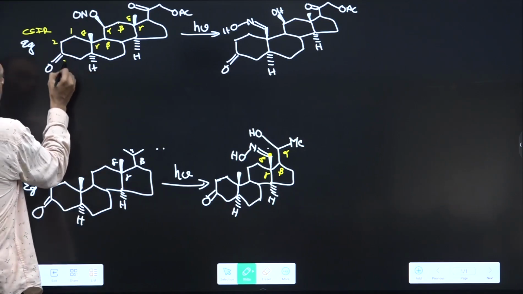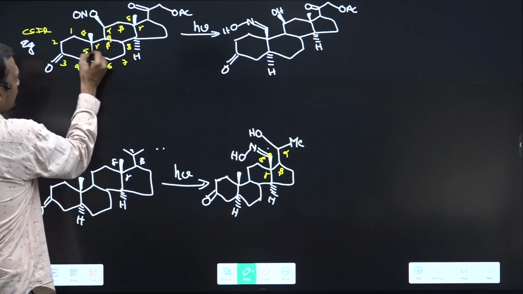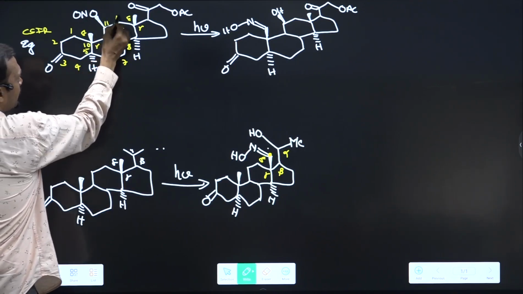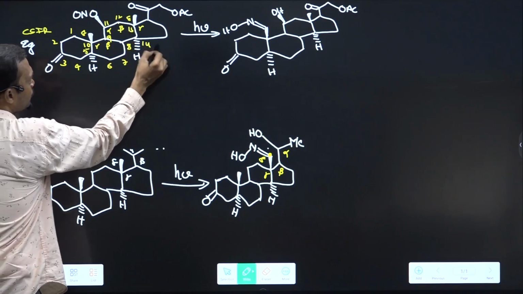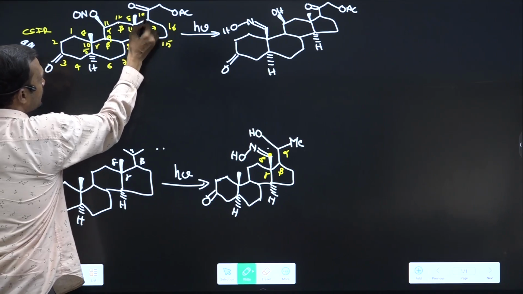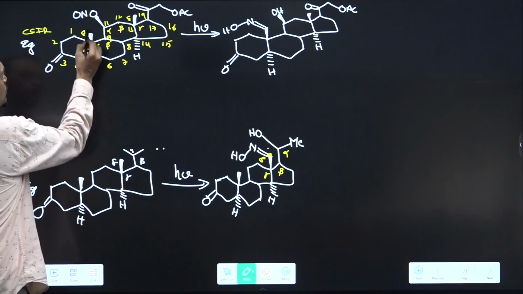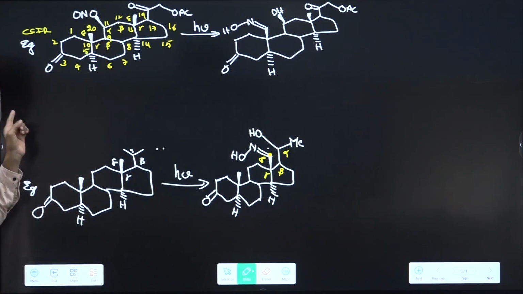See, this is the normal numbering. 7, 8, 9, and this is 10. 11, 12, 13, 14, 15, 16, 17. This is 19, methyl is 19. This is 19 and this is 20. Already in stereochemistry this numbering is given.